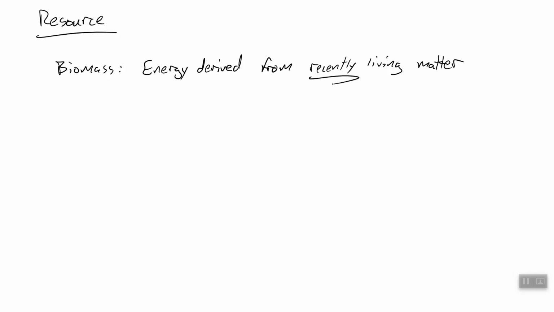Okay, so we're saying recently living matter because what we're trying to do is differentiate biomass from fossil fuels. In reality, fossil fuels is also biomass, right? However, it's biomass from millions of years ago. In this case, we're trying to say biomass is chemical energy stored in the bonds of something that was living recently.